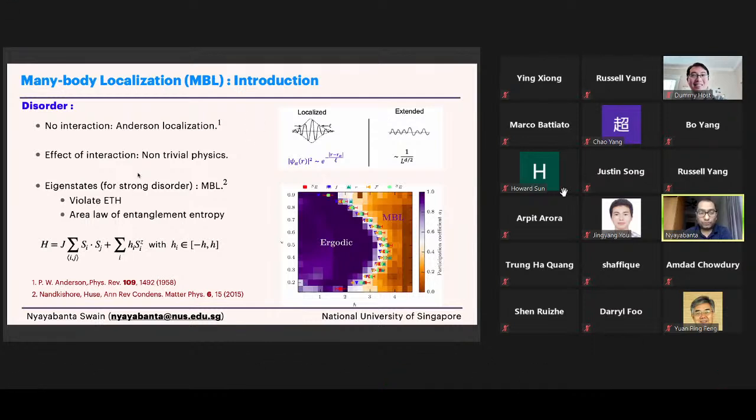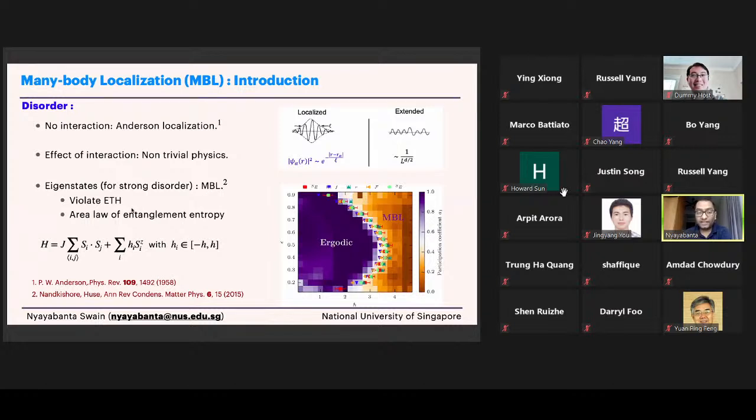Now, bringing in the effect of interaction is important, because in many condensed matter systems interactions are there. However, interaction brings non-trivial physics, and one manifestation of interaction is the phenomenon of many-body localization. Very briefly, it shows very distinct behavior.